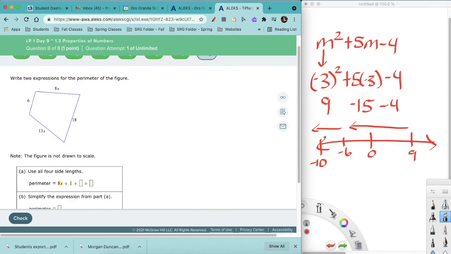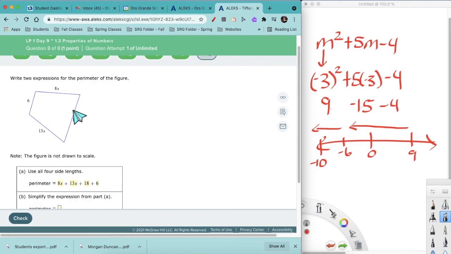And I can go 18 and 6, because those are constants, so they could be near each other. I get to group them however I want, and I can commute them around. As long as I'm adding them all together, it doesn't matter in what order I add them. I'm being a little dramatic about that, but it really doesn't matter what order you add them in, as long as you get all 4 pieces here, or however many pieces your diagram has.